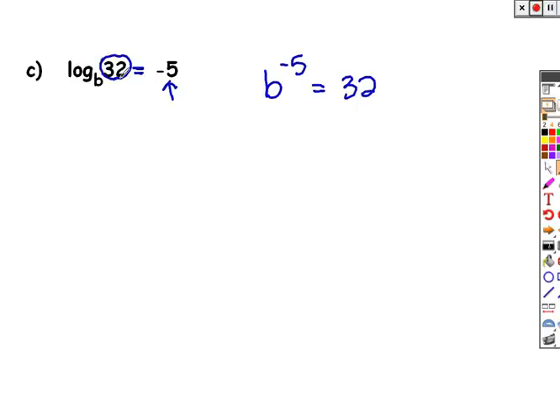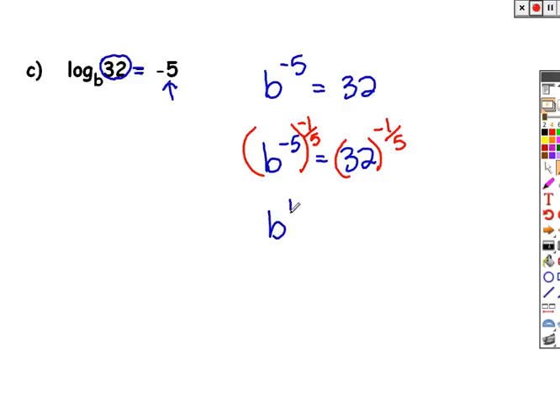Now this again goes back to something that we did last chapter. So if I want to undo the -5th power and just get this to look like b to the 1st power, raise each side to the reciprocal power. So the reciprocal of -5 would be -1/5. -5 times -1/5, that would be just 1. So now I have b to the 1st power, or just b, should equal 32 to the -1/5.